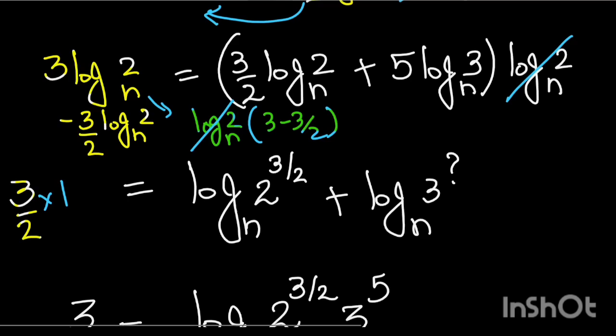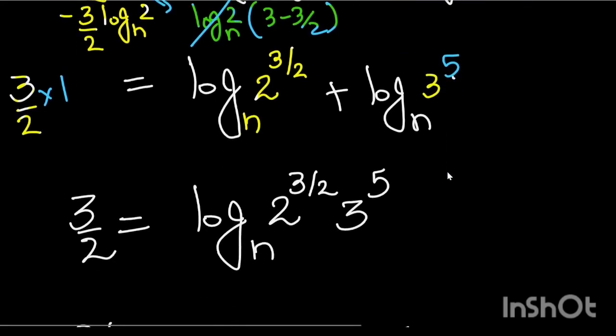Now what happens in the next step, this 3 by 2 will go in the power of 2 using log m to the power n, so it becomes 2 to the power 3 by 2, base is same. Here also 5 goes in the power of 3, it becomes 3 to the power 5.